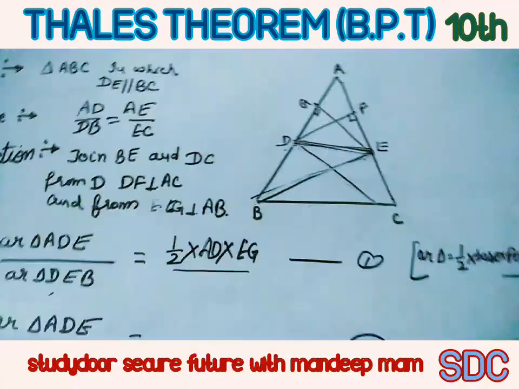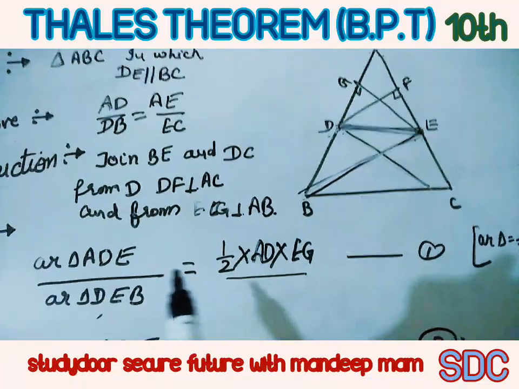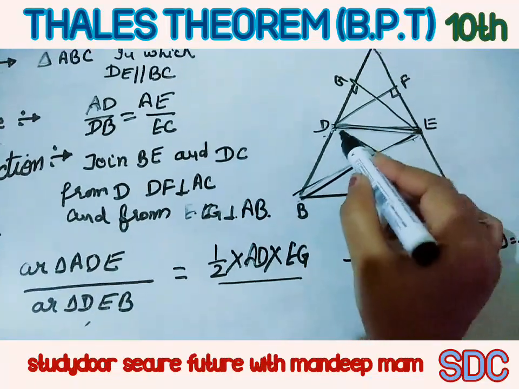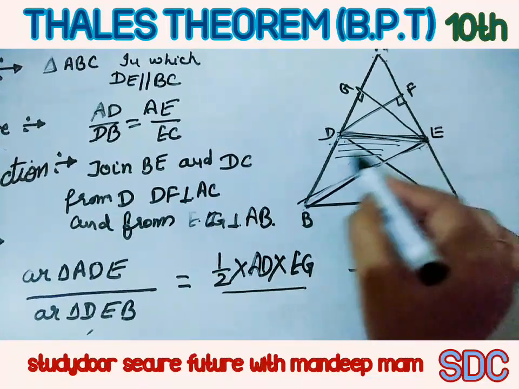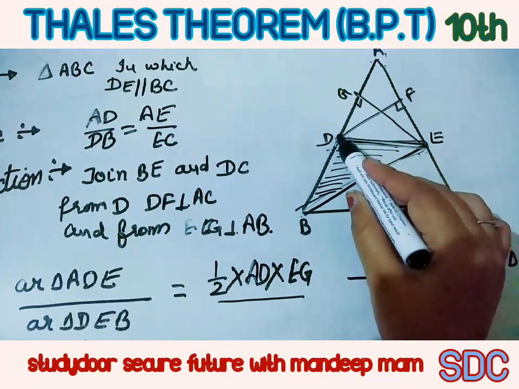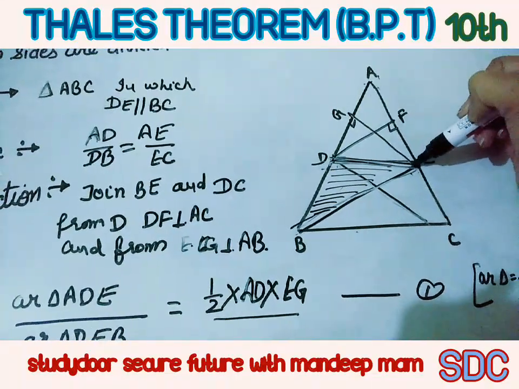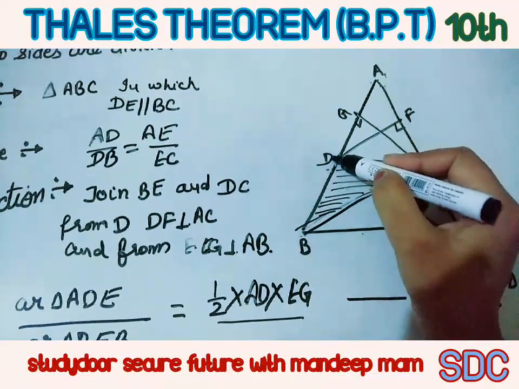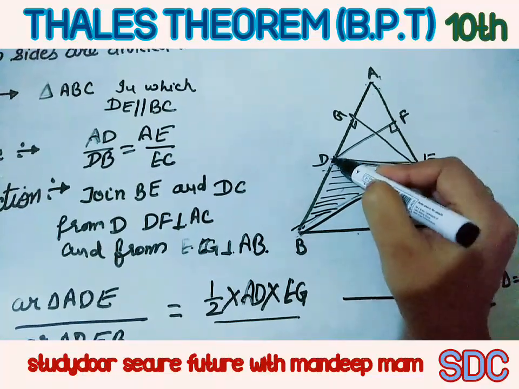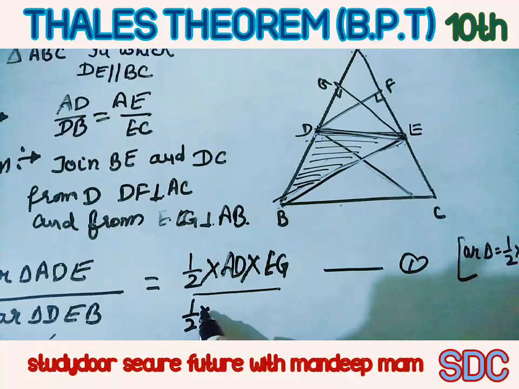Right? Now in the denominator we have to find out the area of triangle DEB. Which is triangle DEB? This one is our triangle DEB. We have to find out its area, and its perpendicular will be outside the triangle, which is again EG, and base will be BD. 1 by 2 area of triangle, base into perpendicular.